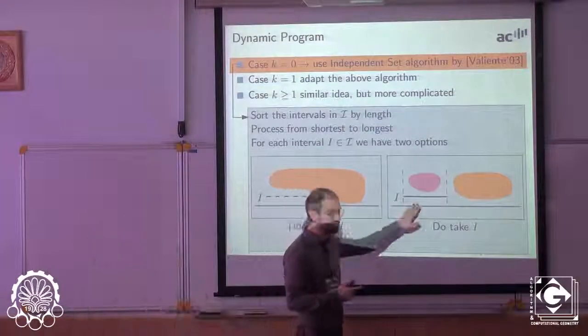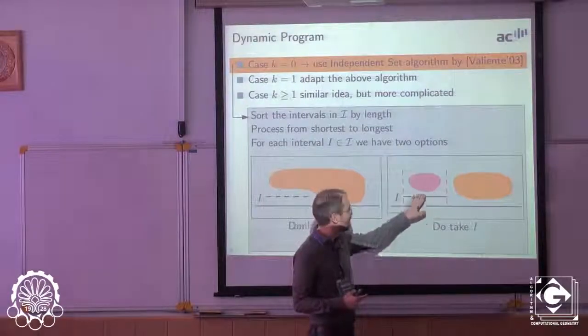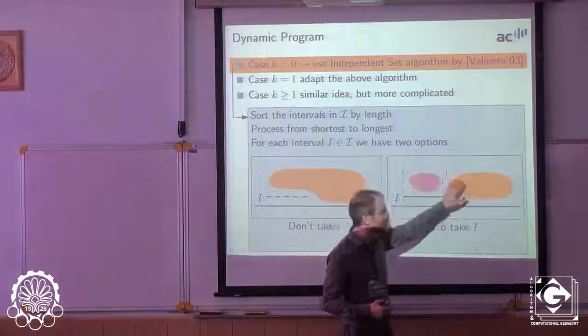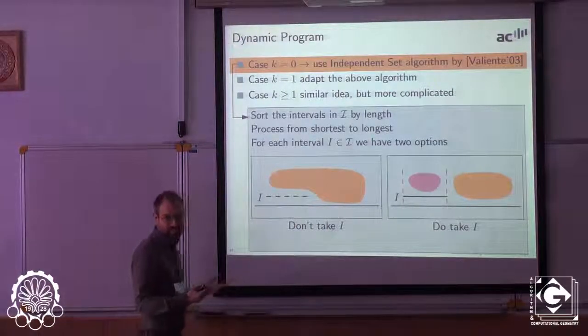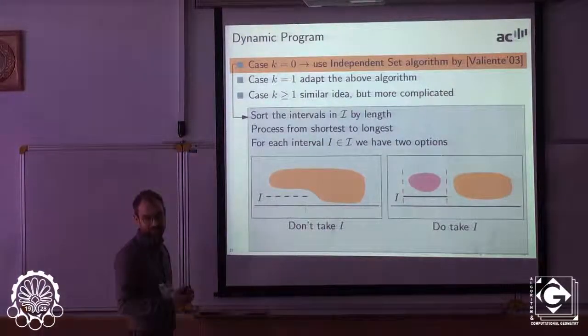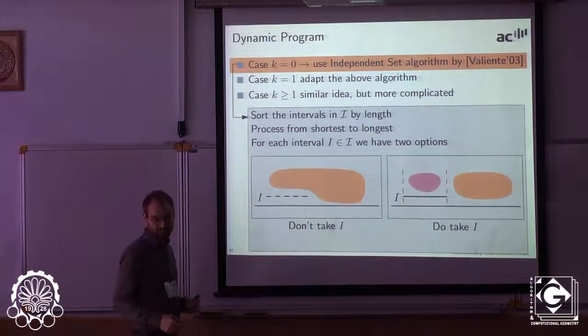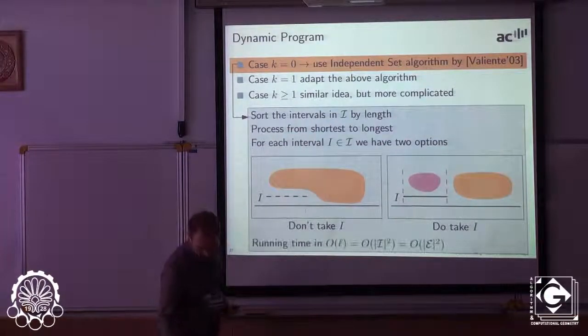So all the other intervals that we can choose for our solution must be properly nested in that range, or they are right of it. Okay, now we can split into two independent sub-instances, and then the dynamic programming recursion basically puts that together. And the running time is what we have seen already.